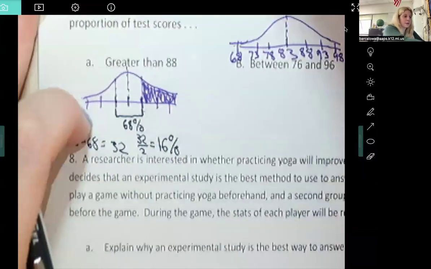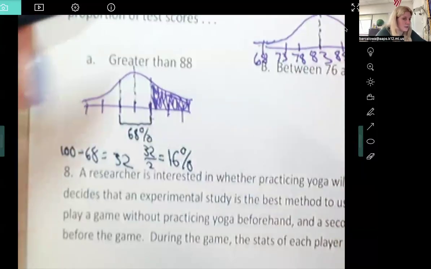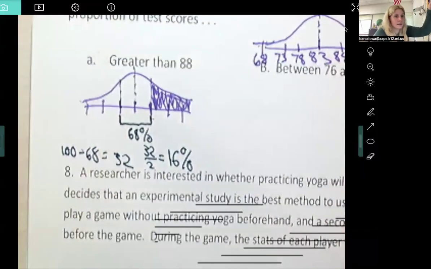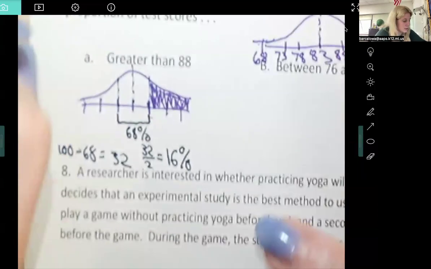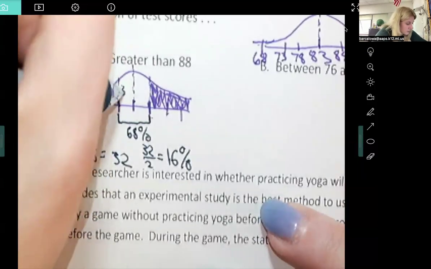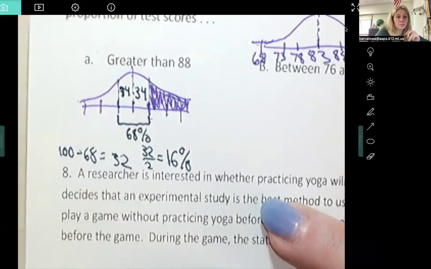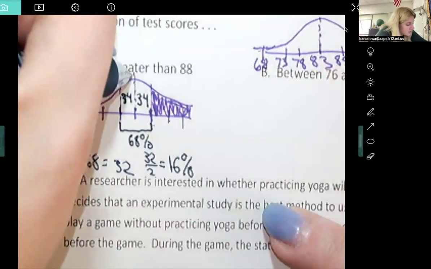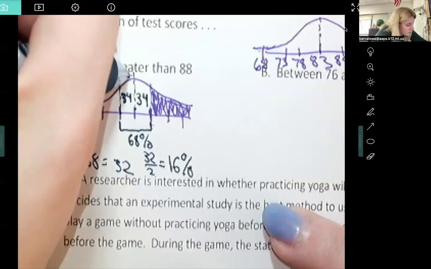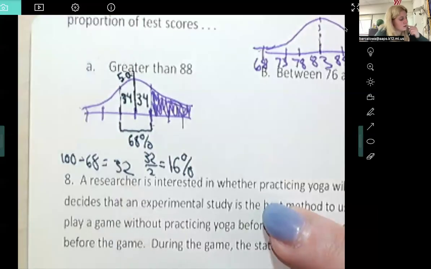Another way you can think about this is if this whole thing is 68, that means that each of these sections is 34. And the mean sits exactly at 50%.